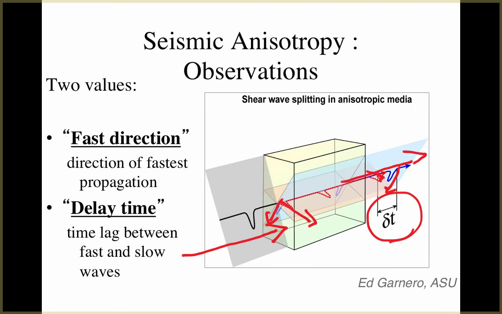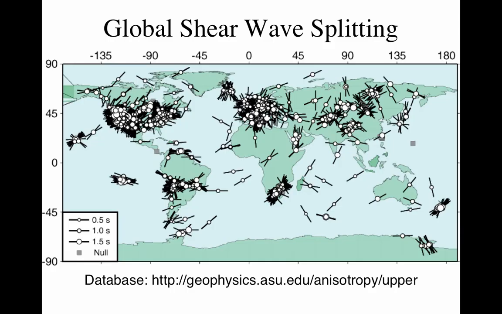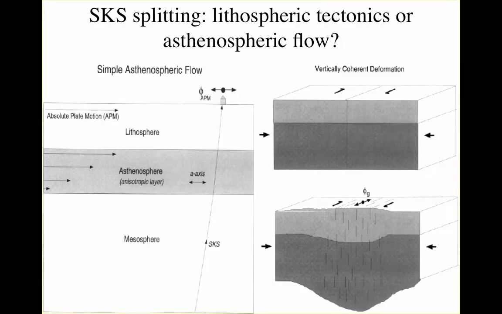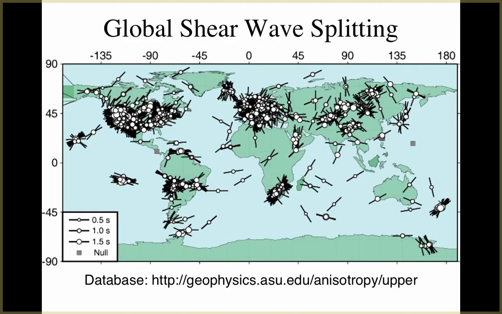That degree of splitting is proportional to the amount of anisotropy in the anisotropic medium and the length of the wave path within this medium. We can measure both the direction and the amount of anisotropy at the Earth's surface. We call this measurement a measure of shear wave splitting.